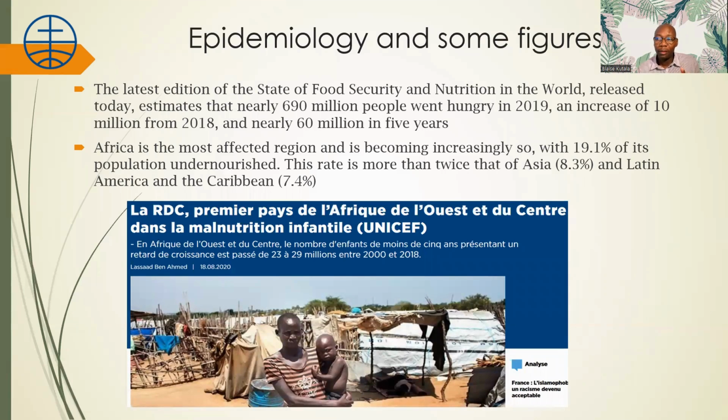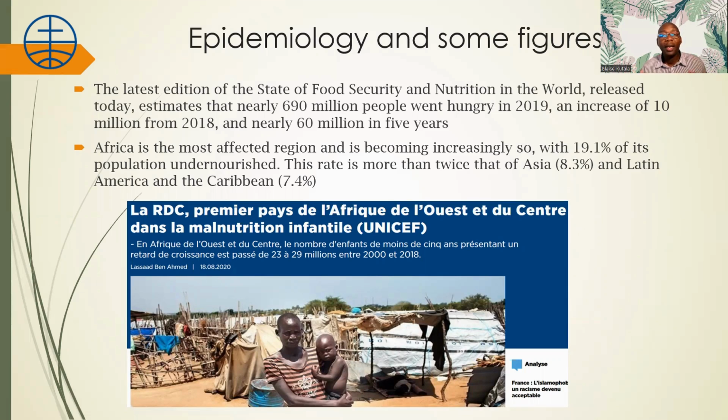When we look at the latest edition of the State of Food Security and Nutrition in the World, it estimates that nearly 619 million people went hungry in 2019, an increase of 10 million from 2018, and nearly 60 million in 5 years, which is different from what the FAO reports.